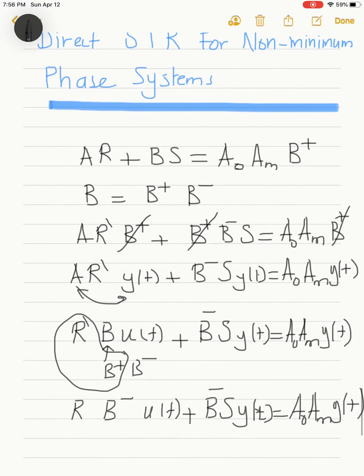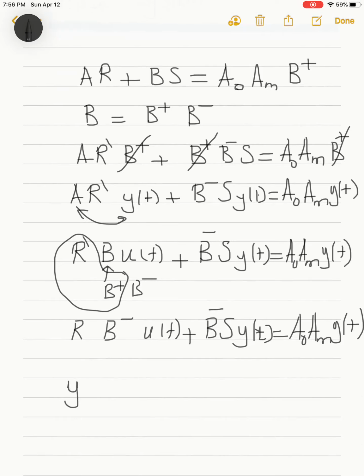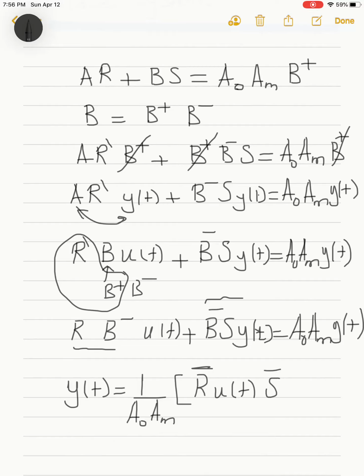Now I can write y of t as 1 over A node AM times, now the multiplication of R times B minus, I will call that R bar, times u of t, and the multiplication of B minus times S, I will call that S bar, so that's plus S bar times y of t.